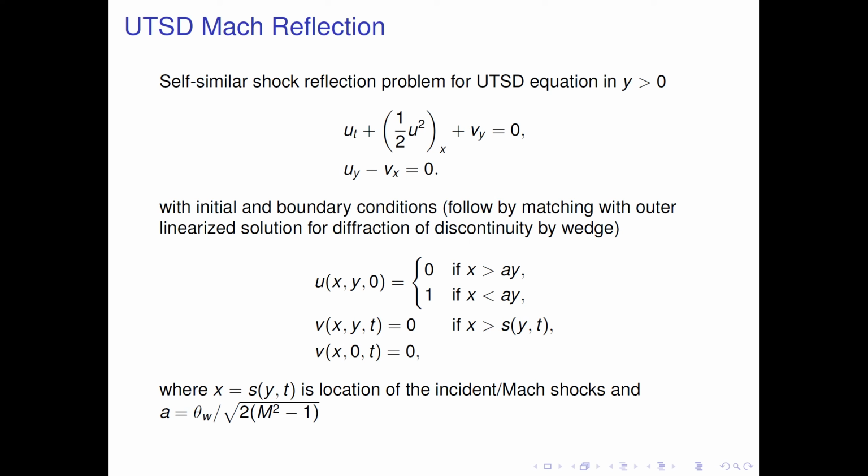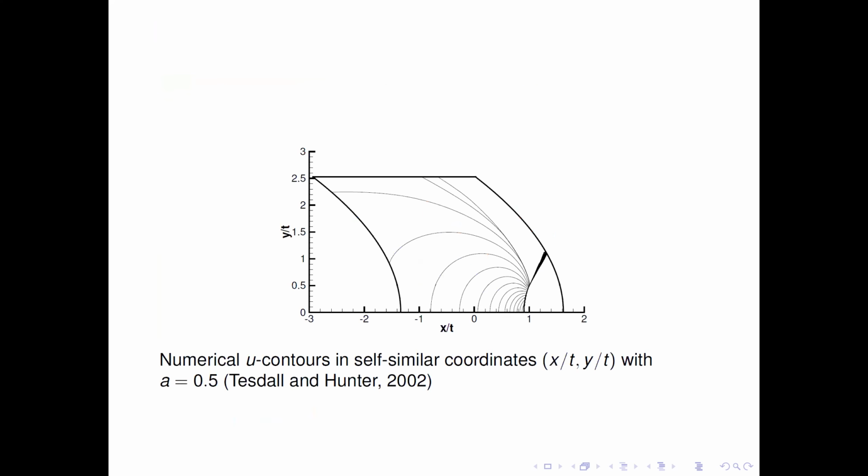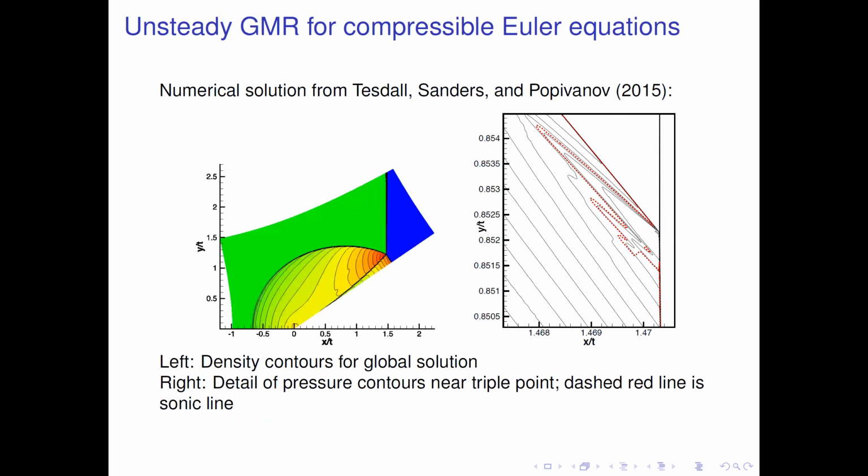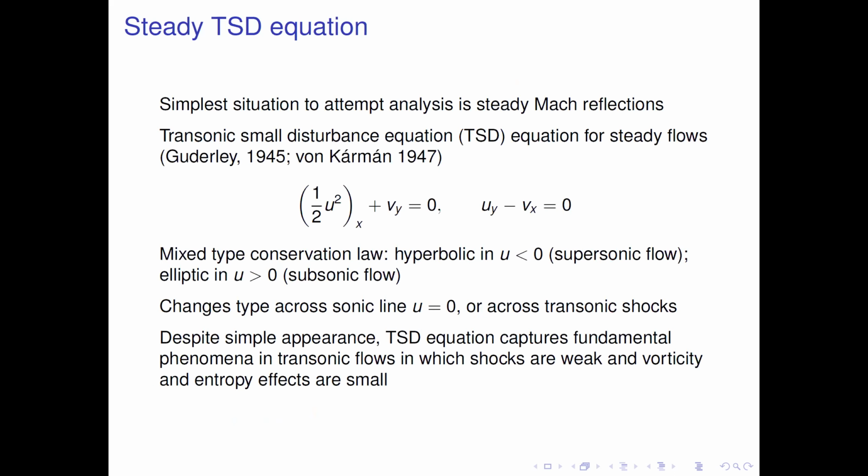And then to simplify further, let's just look at steady flow. So just throw away this UT term and think about steady transonic flows. So that's what I wrote down here. It's sort of, this is the thing where the UT used to be. So you get this pair of equations for U and V. Again, you can think of U as the X velocity, V as the Y velocity perturbed from sonic.